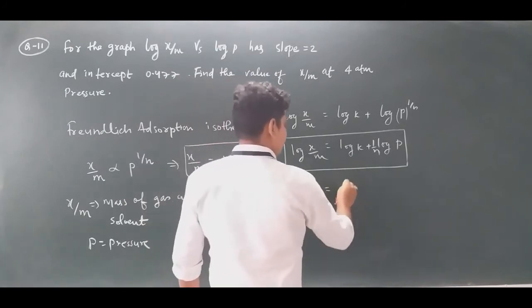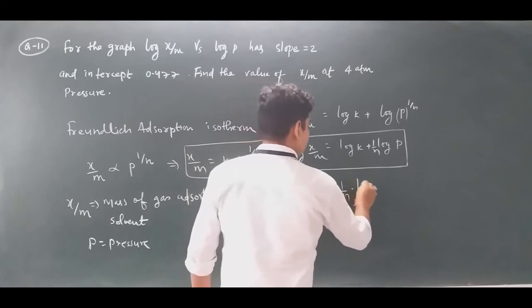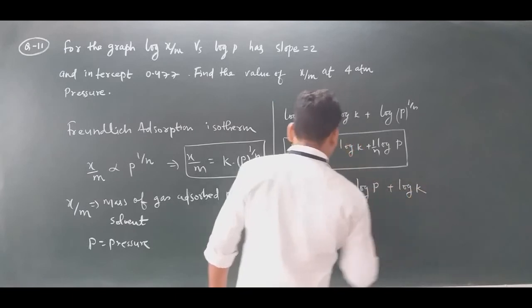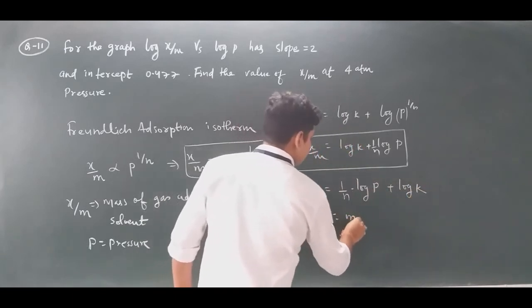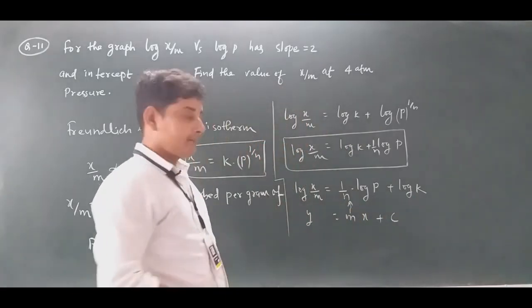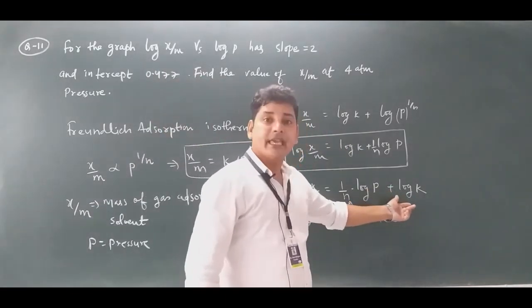Rearranged, this is in the form y equals mx plus c, so the slope is 1 by n and the intercept is log k.